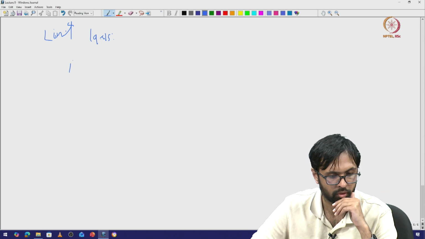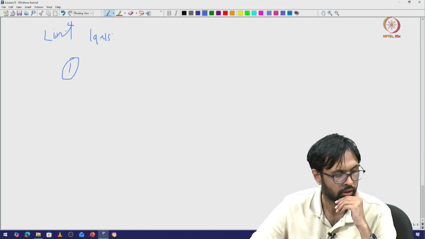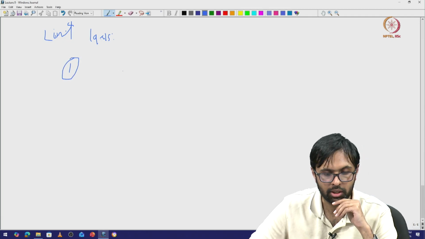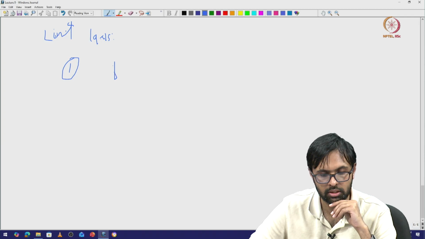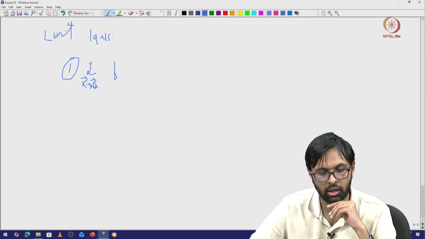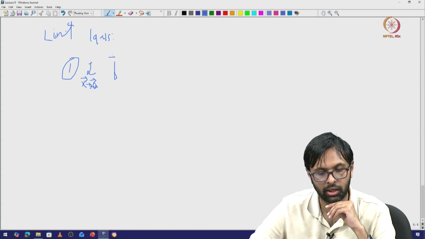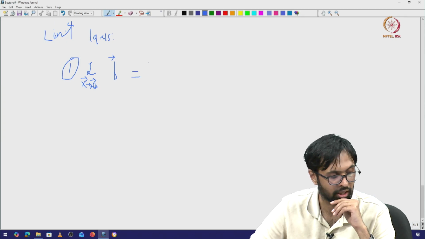So the first one is the following: if the limit of f exists as x approaches a, and, as I said, I'll stop putting the vector valued signs very soon, suppose this limit does exist.